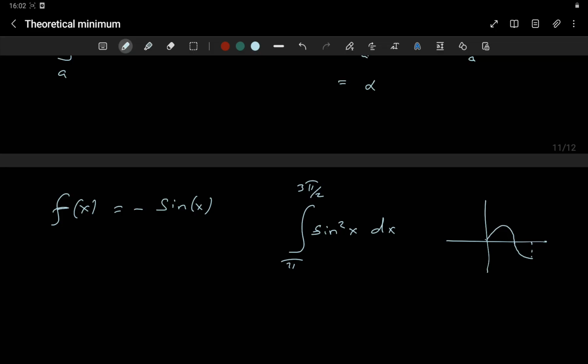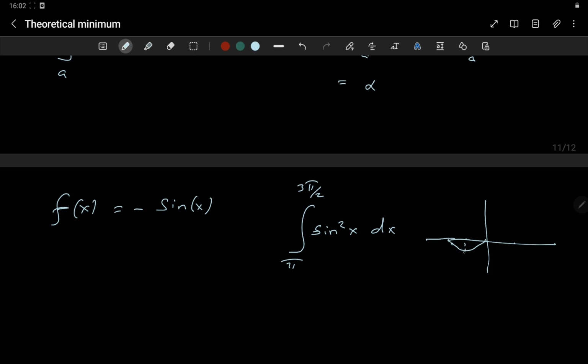Yes, so minus pi by 2 to 0. Let's check how it looks. So this is minus pi by 2 to 0, which means here to here.